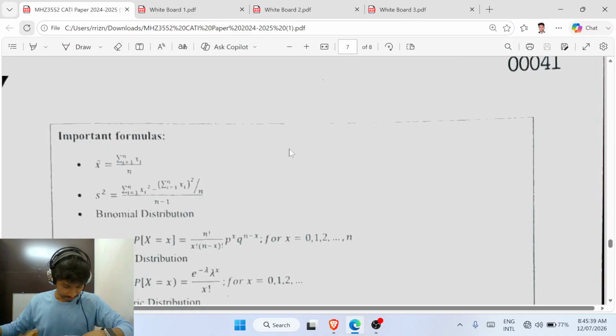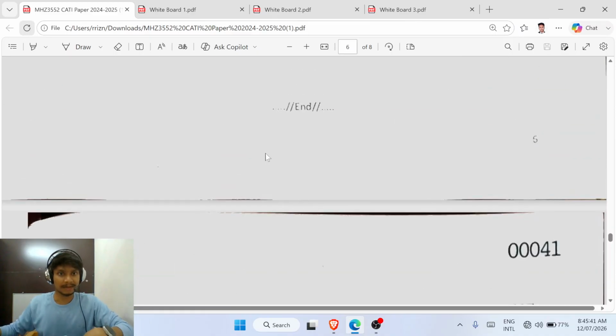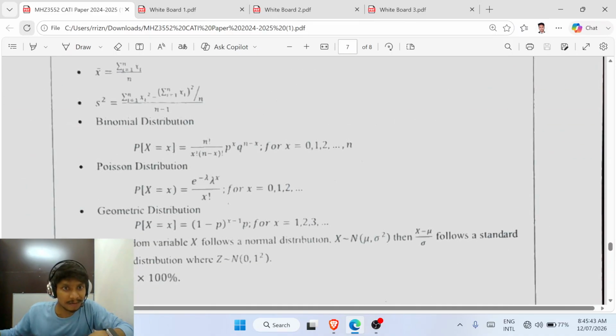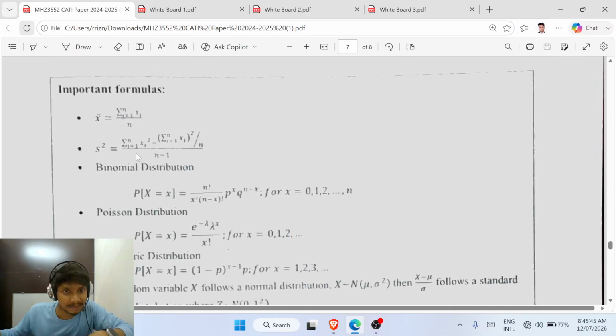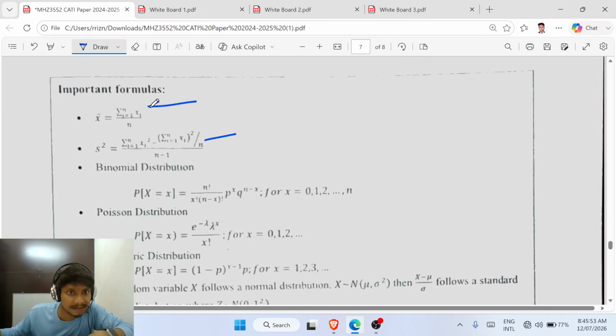Now let's move to the question. You already know this: what is this sigma, i is equal to 1 to i is equal to n?